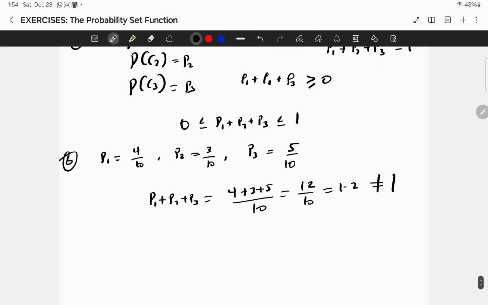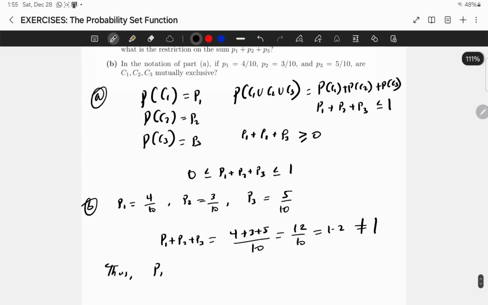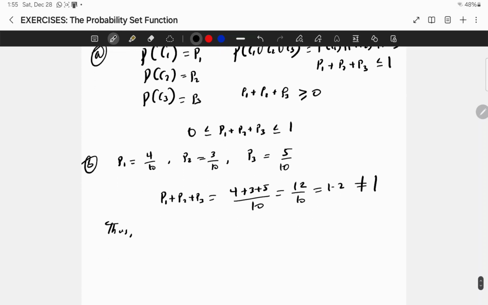So since the sum exceeds 1, C1, C2 and C3 are not mutually exclusive. And that completes that result.